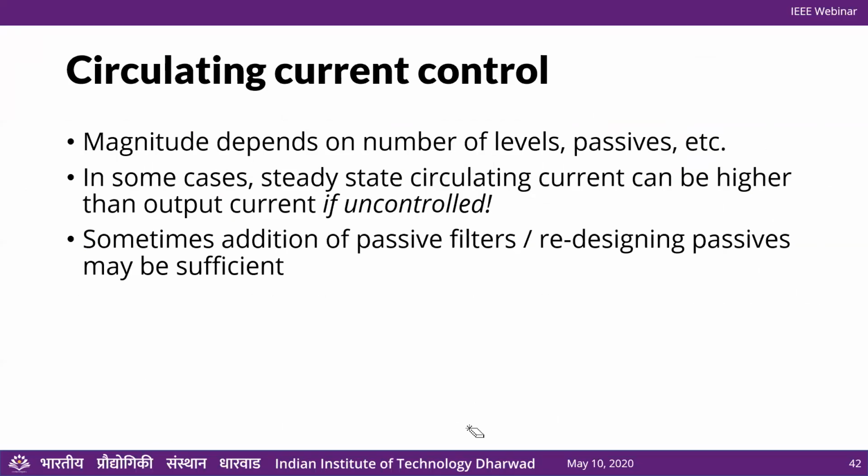If you don't control it, if you don't have a specific way to control steady state circulating current, that steady state value of circulating current is bigger than the output current. So that is a big problem. So you need to decide whether you need to have some intervention or not. Also, as I mentioned, it's possible to have a filter at 2F, right?